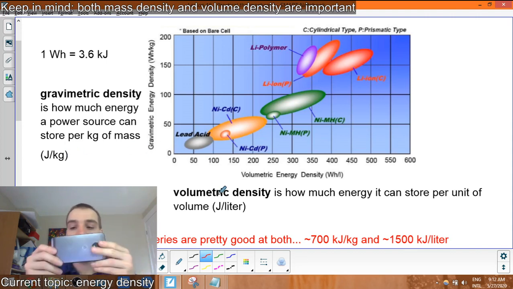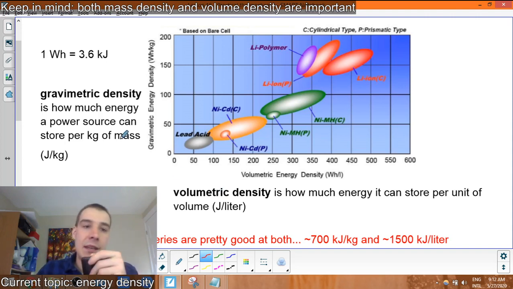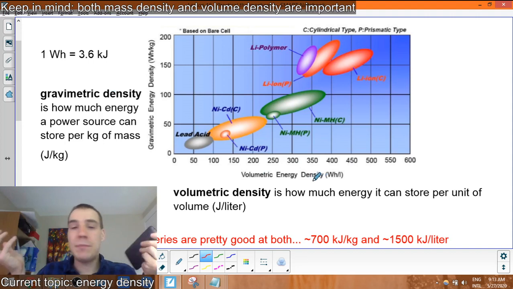Volumetric density is how much energy I can store per volume. And so phones try to be very, very thin. Volumetric density is important for them because if you had something with, say, a high gravimetric density, so lots of energy per gram, but a low volumetric energy density, you'd have to have a very big battery. It would just be very light.